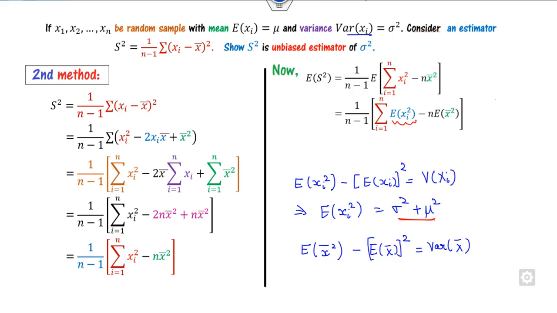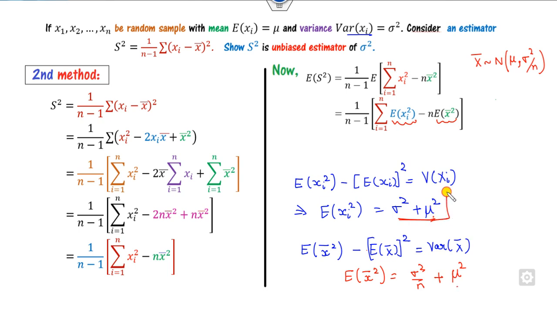Now what is the variance of x bar? We all know that x bar follows the normal distribution with mean mu and the variance sigma square by n. So you can substitute here. The variance is sigma square upon n, plus mu square. So I can get this value as here.